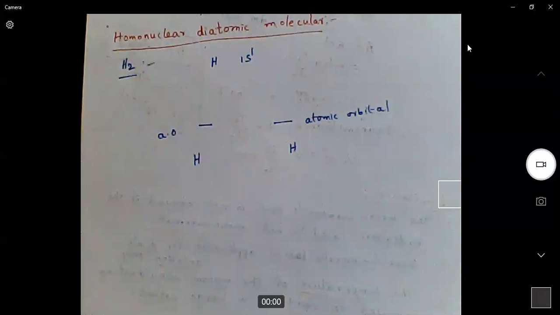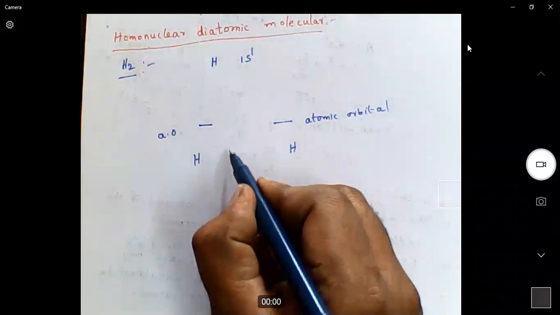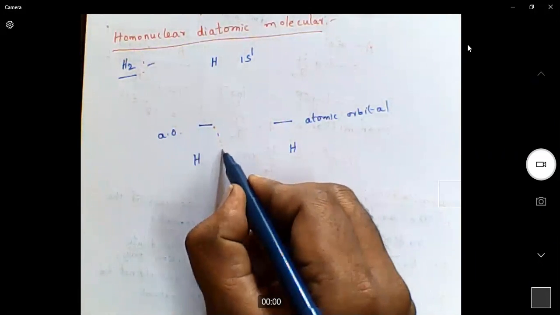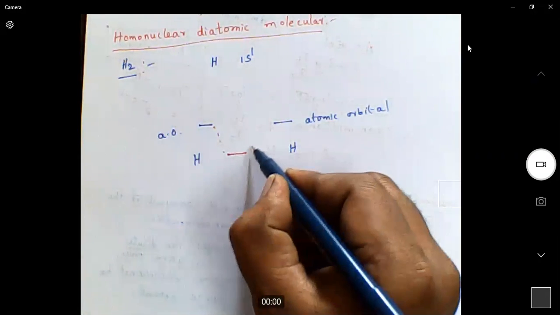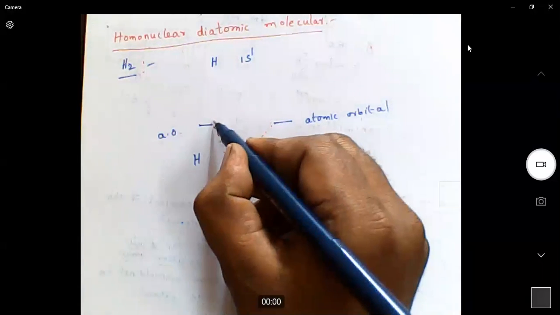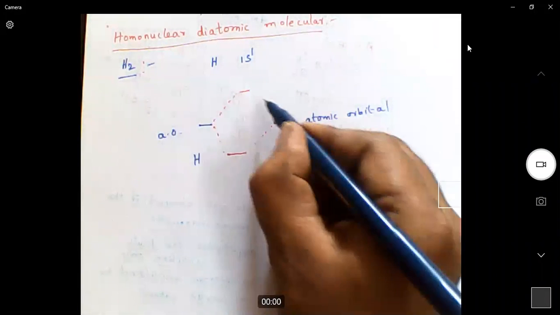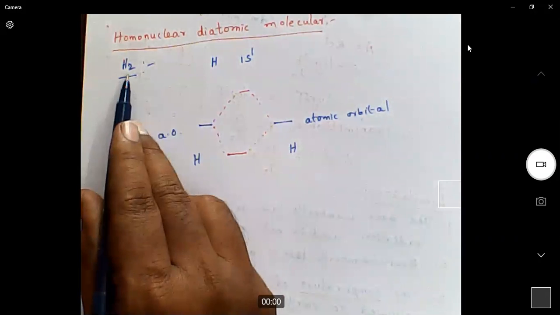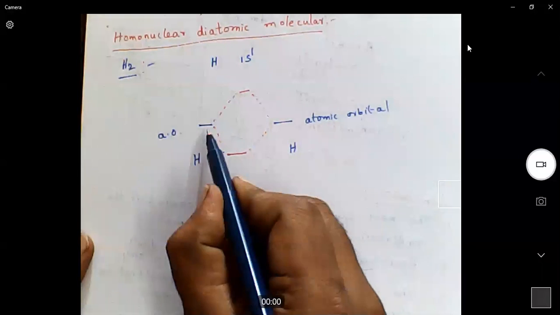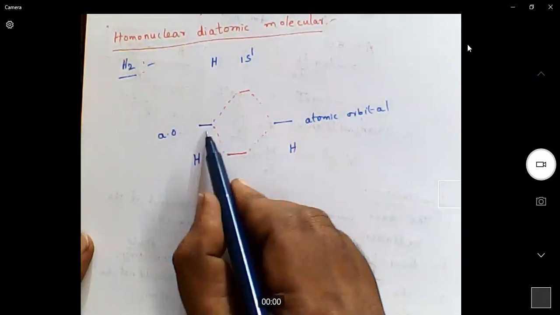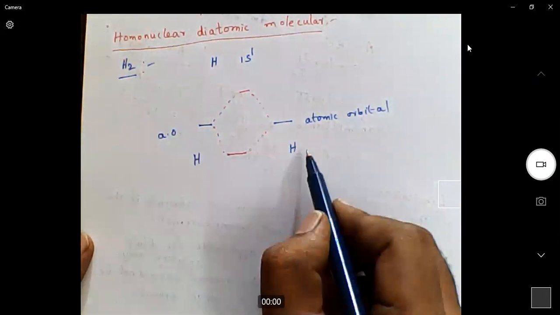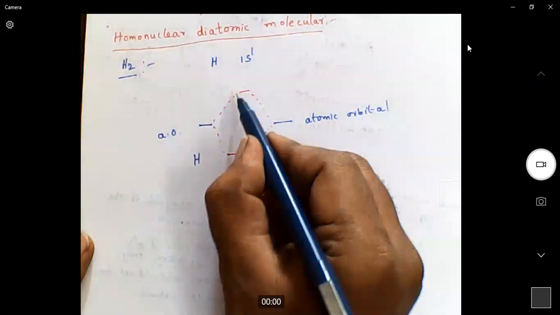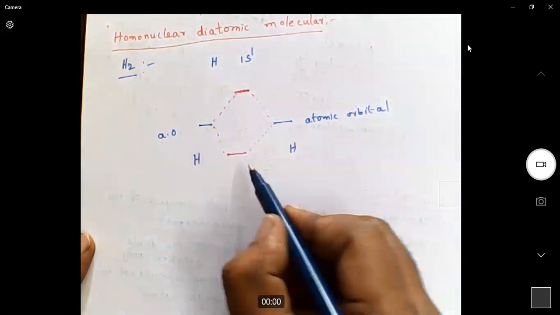The number of MOs generated must be the same as the number of atomic orbitals involved. For example, here when we try to form the hydrogen molecule, we are using two 1s orbitals from two hydrogen atoms. So that means it must give two molecular orbitals.